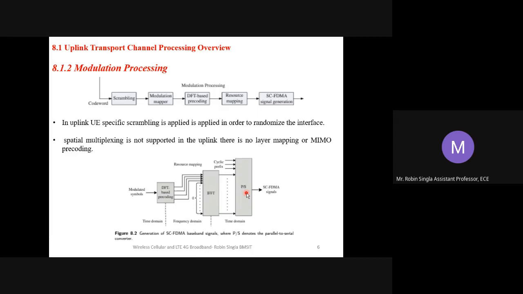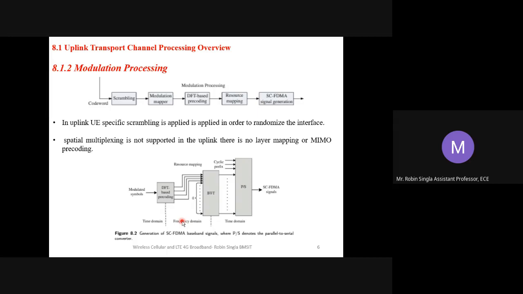First, DFT based processing is applied to the block of complex valued modulation symbols, which transforms the time domain signal to the frequency domain. You see here, this is input to the DFT, which is time domain, output is frequency domain.